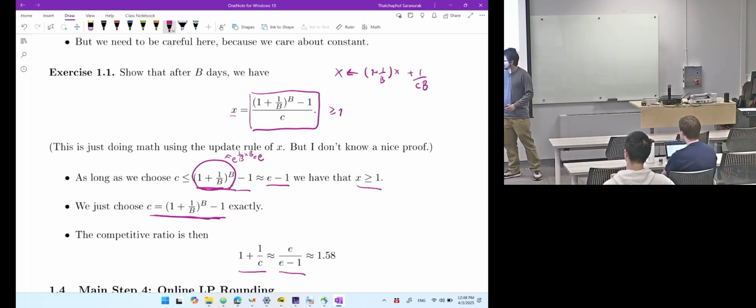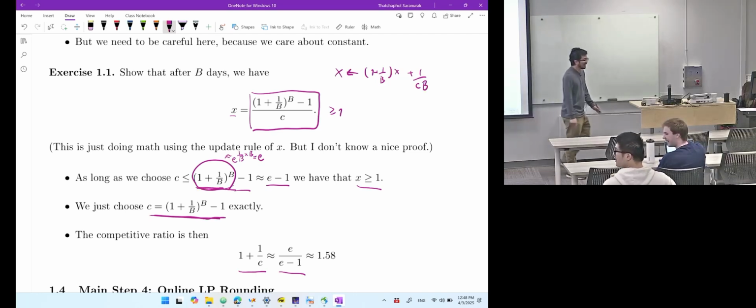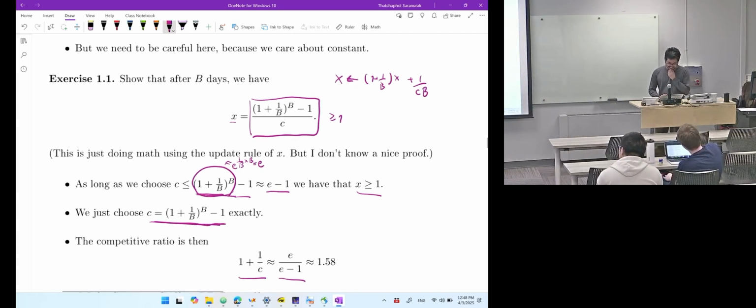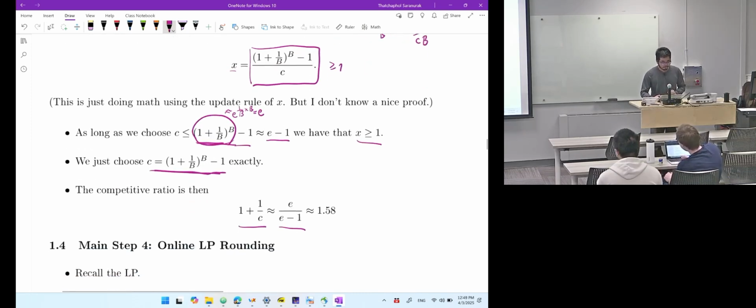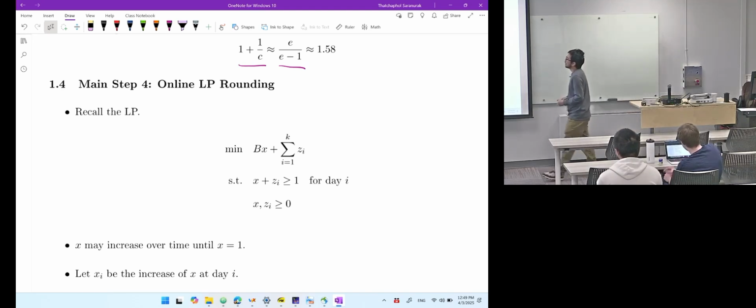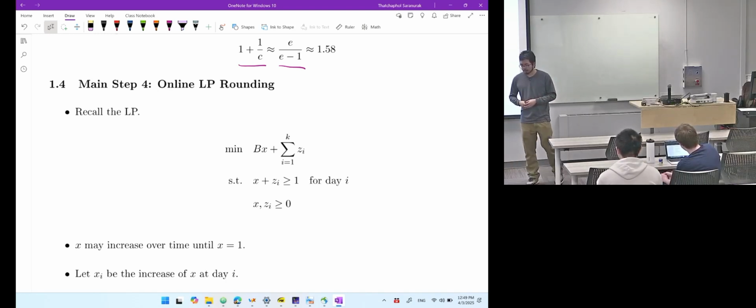To round, yes. So you round it. Right now, what you have is some fractional value of x and z_i, but we want to decide when we're going to buy something.